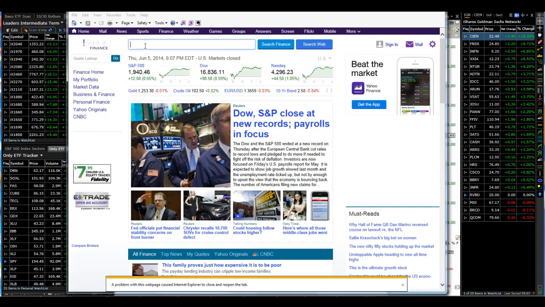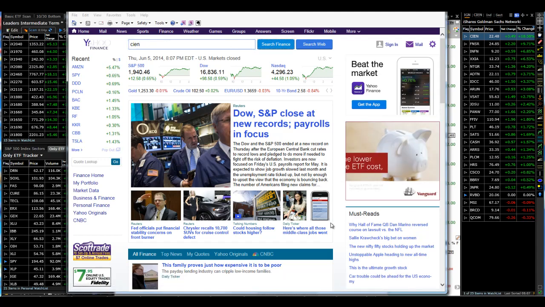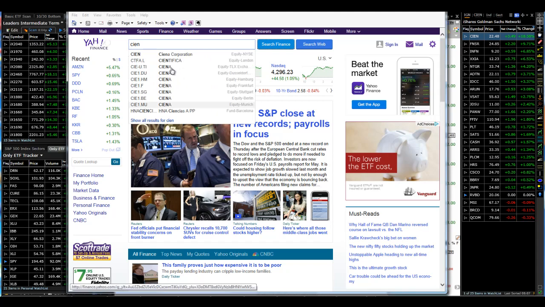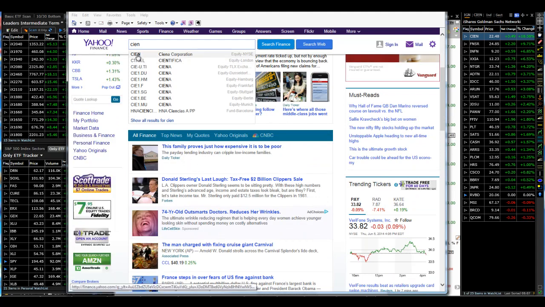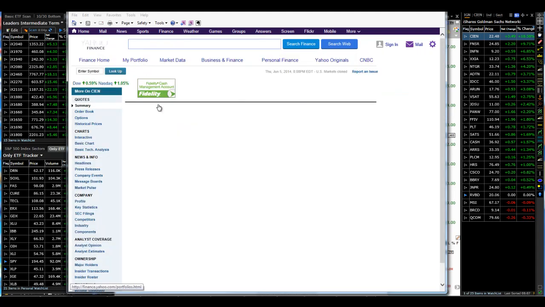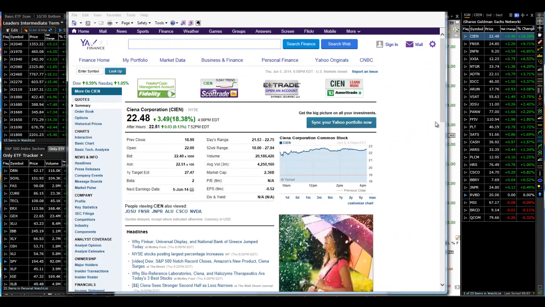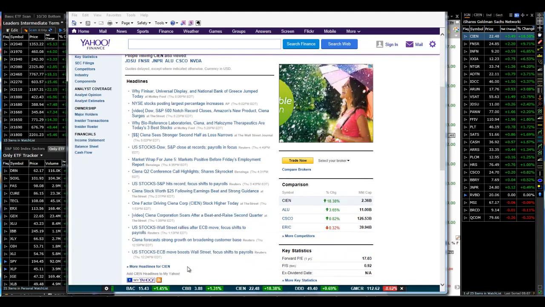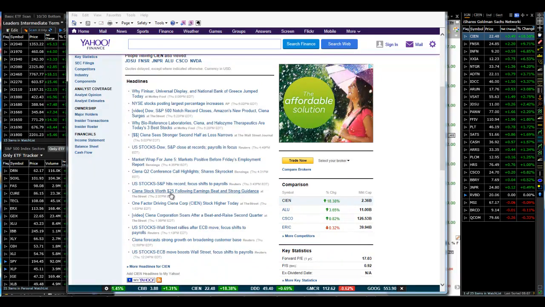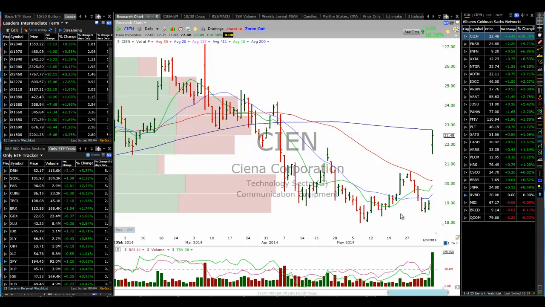All you have to do is go in, and if you want to know what happened to Ciena today, because I didn't look at it, you just let it come up. Then you can look down at the bottom of Yahoo, and it gives you the news reports relative to what happened to Ciena. Shares jumped following earnings beat, strong guidance. So they beat earnings and had strong forward guidance, so you get a gap higher.